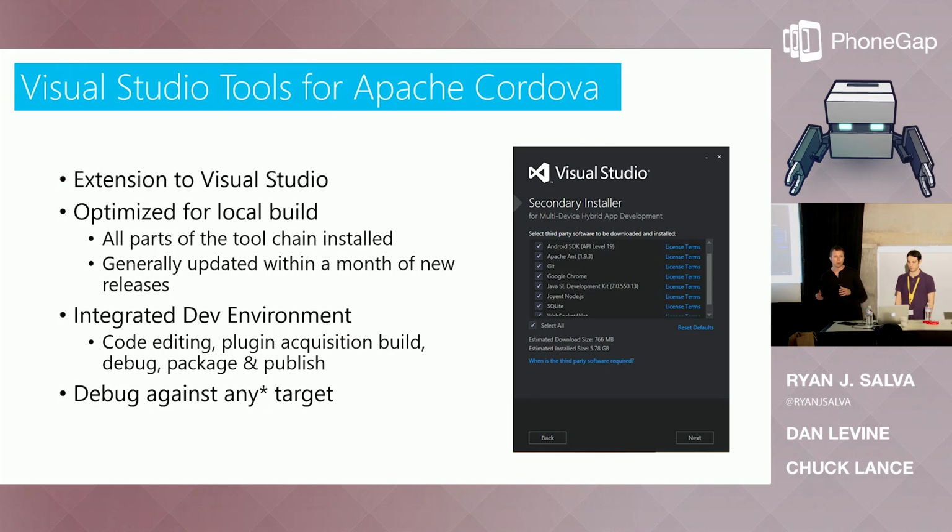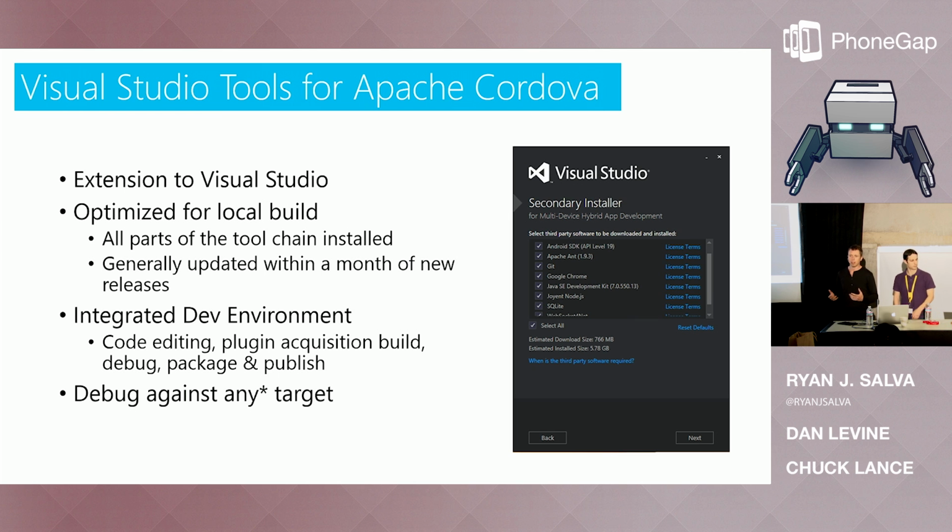Unlike the PhoneGap build service, it is optimized for building locally. So when you install the Visual Studio tools for Apache Cordova, it is intended for you to install the entire tool chain on your local machine. So that's Node and Git and Chrome and the Android SDK and all that good stuff, right?